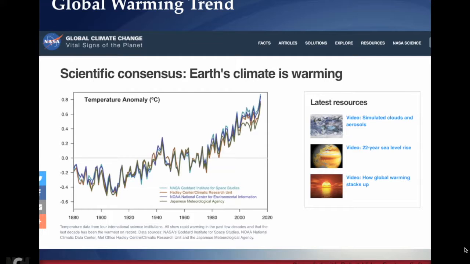And whether you look at the estimates of the global temperature from NASA, from the Hadley Climate Research Unit, NOAA, or the Japanese Meteorological Agency, they all confirm that the temperatures are increasing, and this is an upward trajectory.